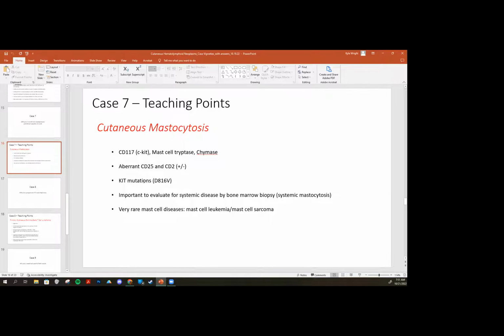Even if you get a diagnosis of cutaneous mastocytosis, it's very important to evaluate for systemic disease by bone marrow biopsy, just to rule out systemic mastocytosis, which is going to require systemic therapy, and also carries a higher risk for progression or involvement by very rare, more aggressive mast cell-based diseases, including mast cell leukemia and/or mast cell sarcoma. So cutaneous mastocytosis is very limited, usually localized to the skin. You need to evaluate for the possibility of systemic disease.